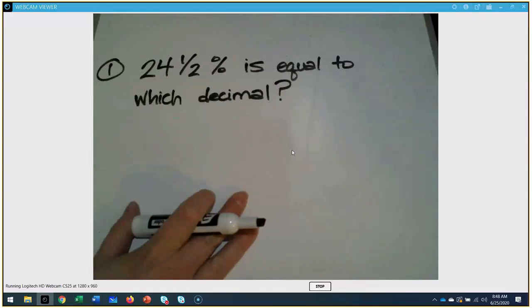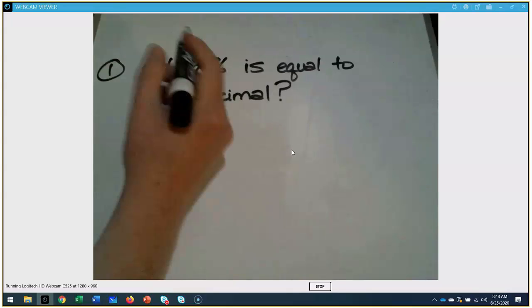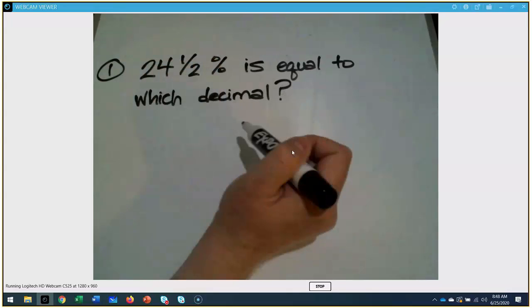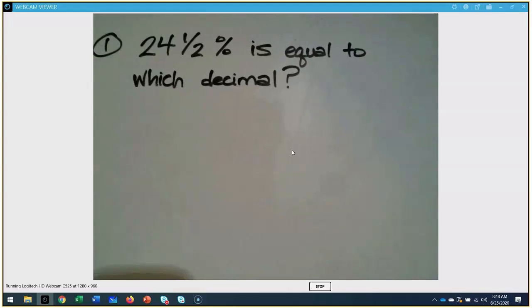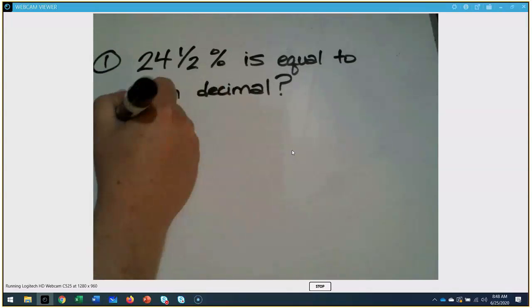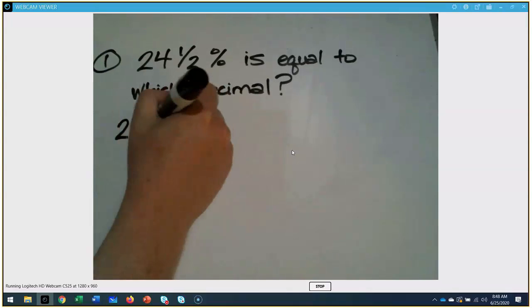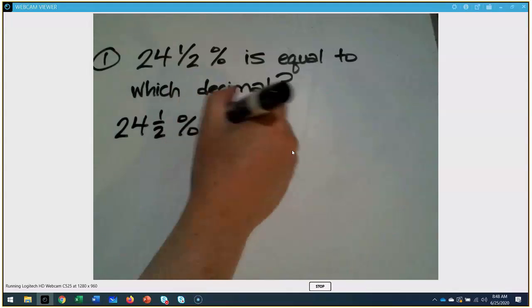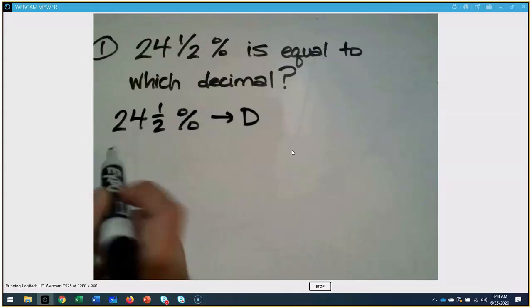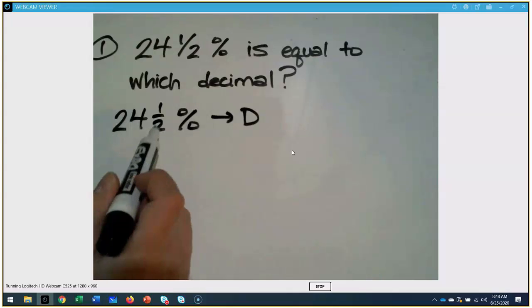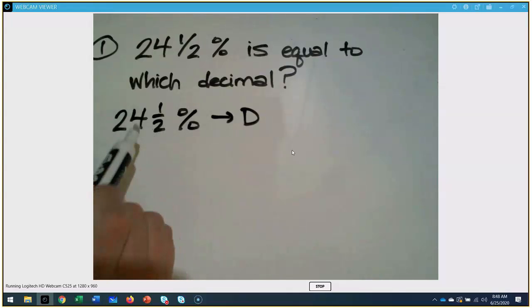They want you to convert this percent to decimal form. So going back to the start of the percent notes, if you have a mixed number percent and you want it in decimal form, first thing I would do is convert this mixed number to an improper fraction.